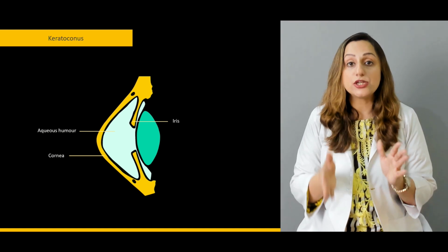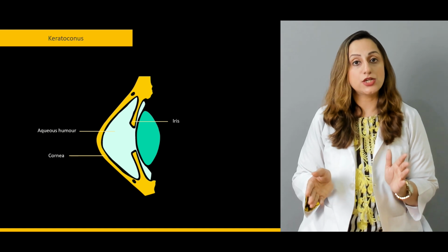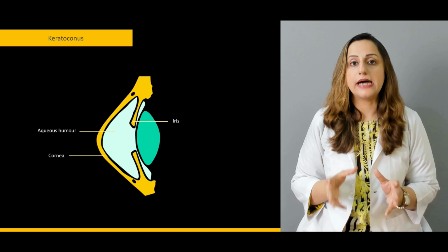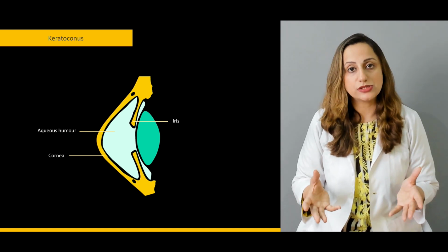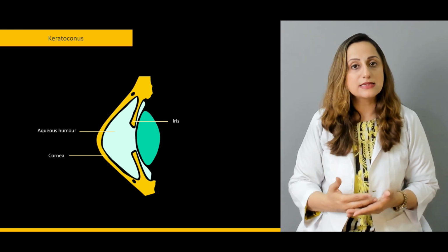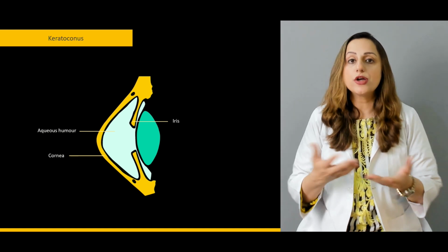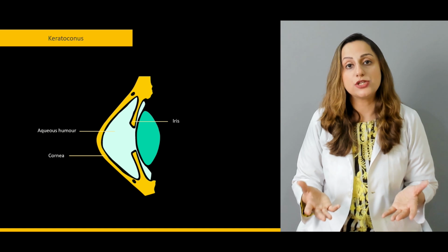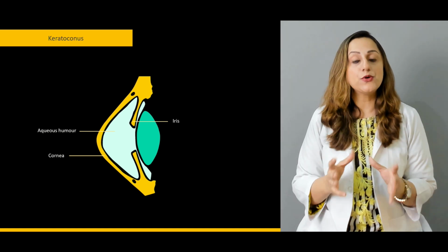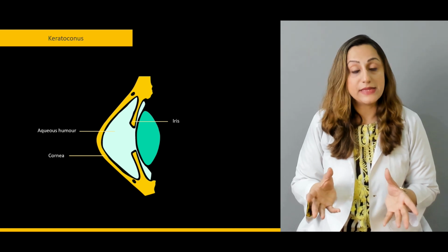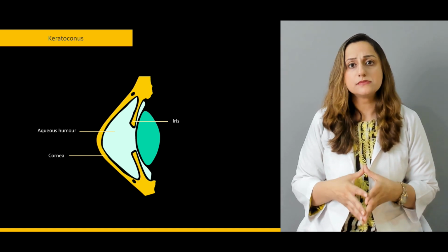So there is a thin line of differentiation over here. Usually proptosis can be diagnosed even on a naked eye examination. But these ectatic conditions of the cornea cannot be diagnosed on naked eye examination. Rather, you would have to have a complete examination through a slit lamp. That is necessary over here.